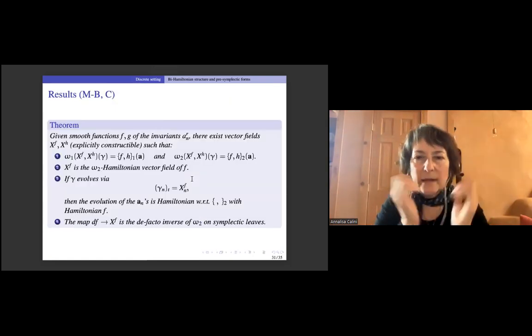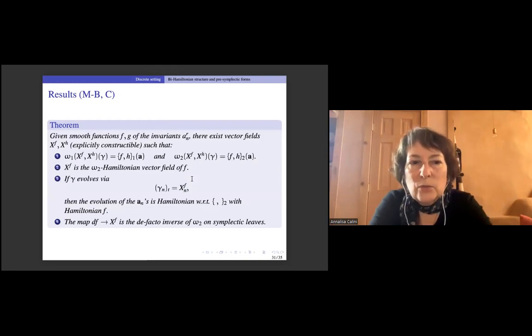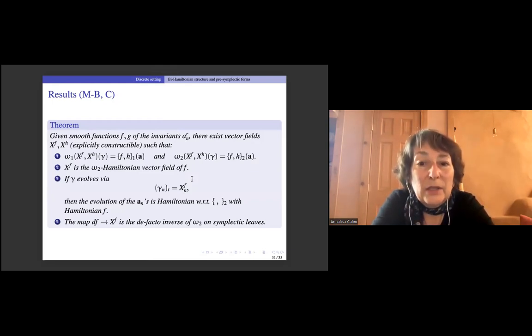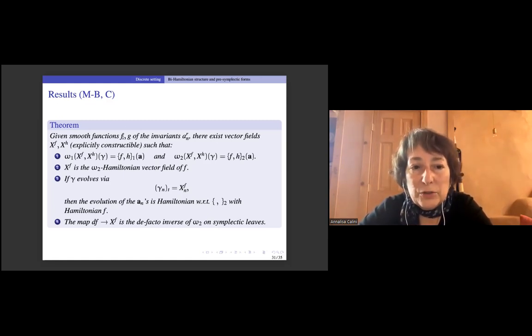And next, what we did is that we showed that if I give you a smooth function, so I'm after Hamiltonian vector fields, even with the pre-symplectic forms, you can actually construct from a smooth function explicitly a vector field, which is the Hamiltonian vector field of F with respect to one of the two forms.